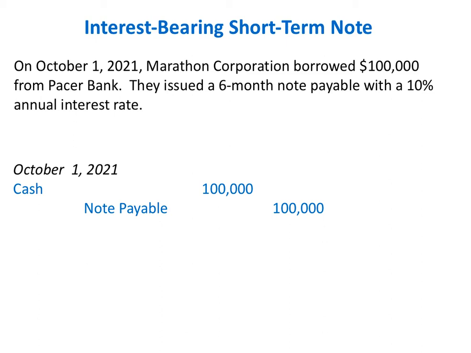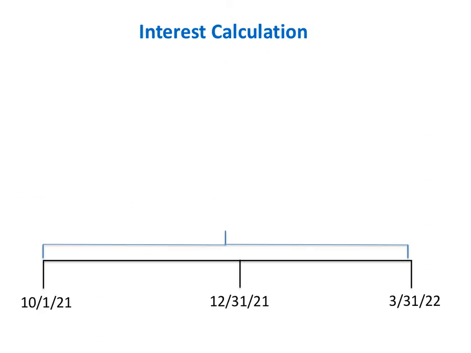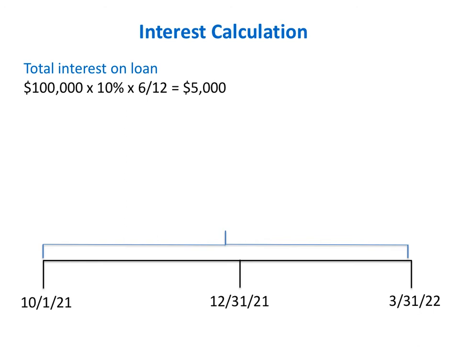However, this is only a 6-month note. So when we compute the total interest that Marathon will incur on the note, that annual amount must be prorated by the length of maturity of the note.